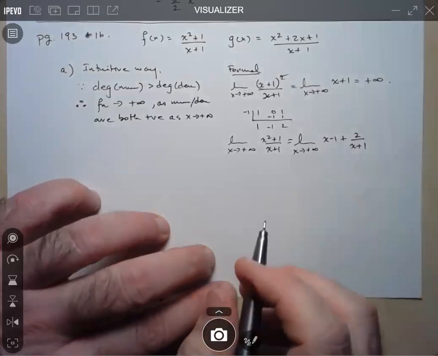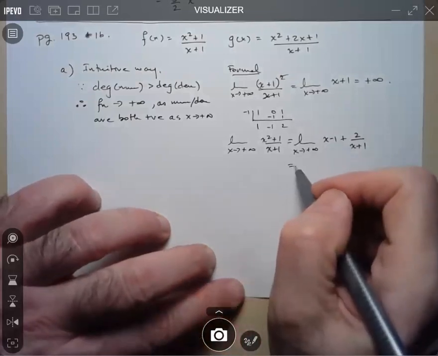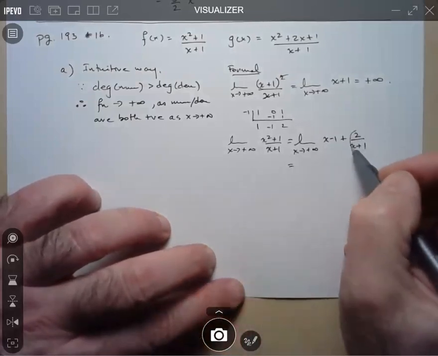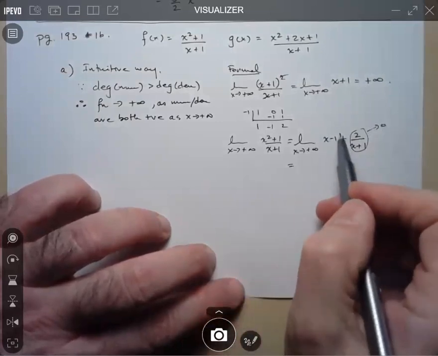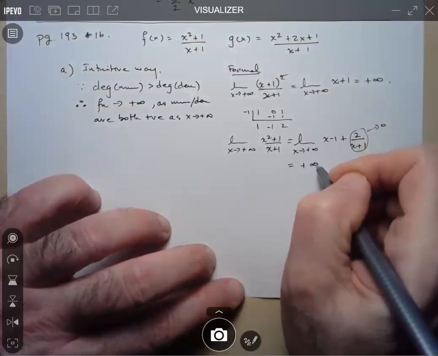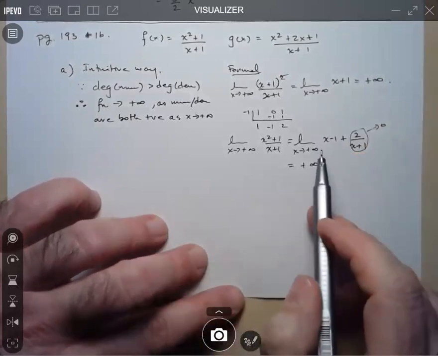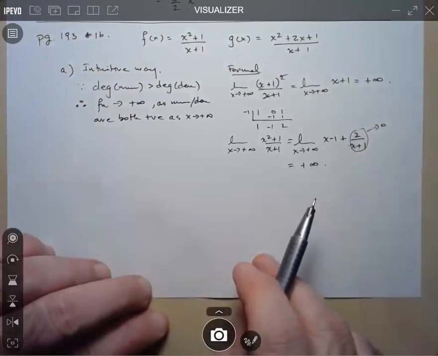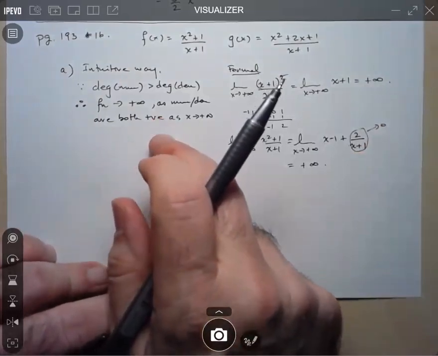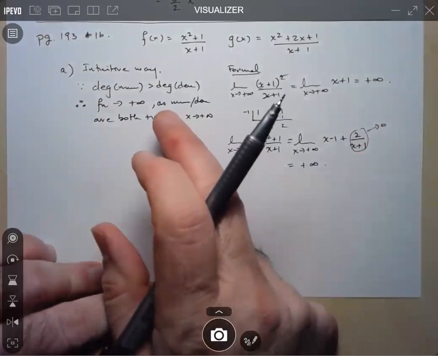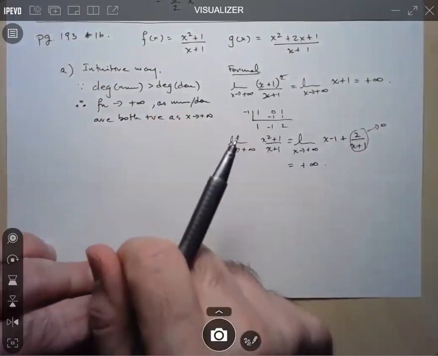And now we see very clearly that this portion is approaching 0. And so this whole thing is just going to be approaching positive infinity, because that's what the function x minus 1 approaches.